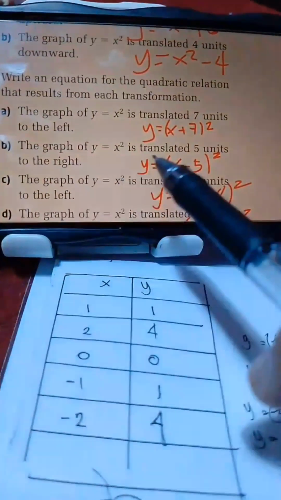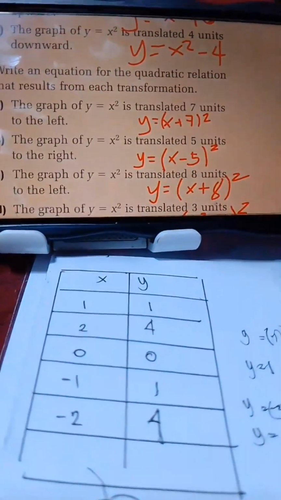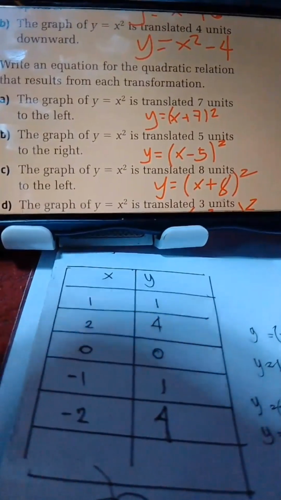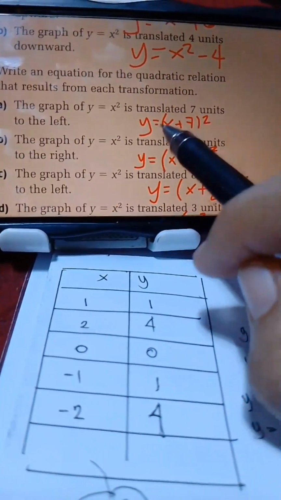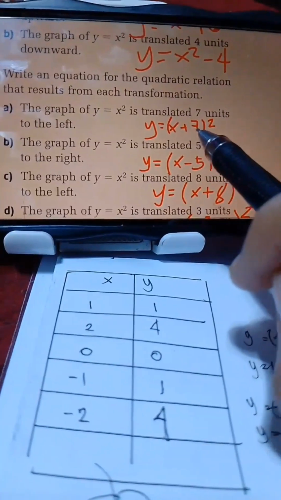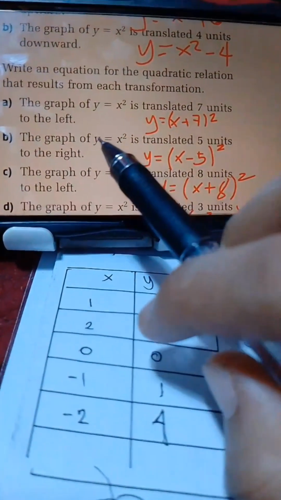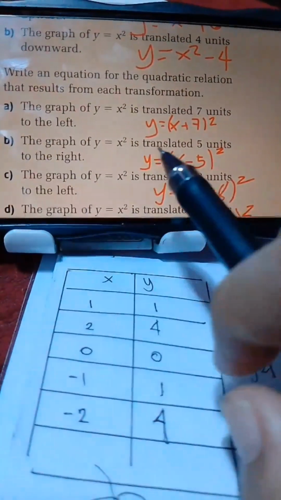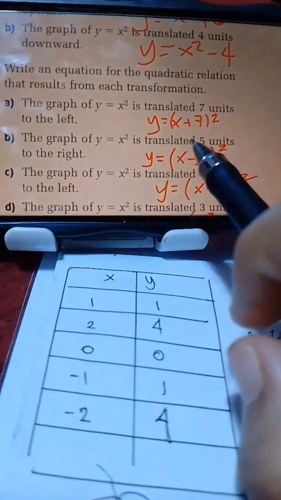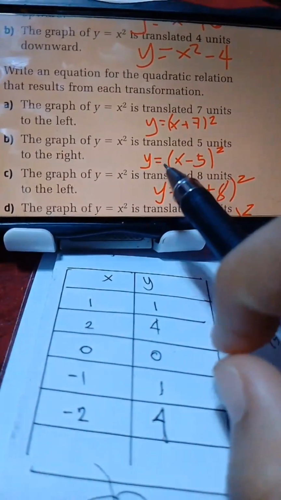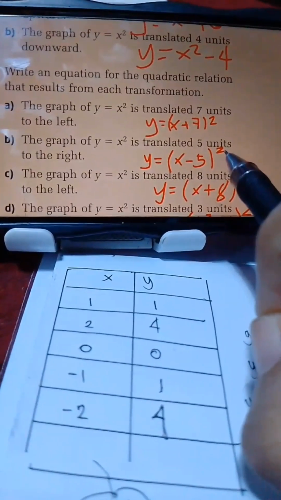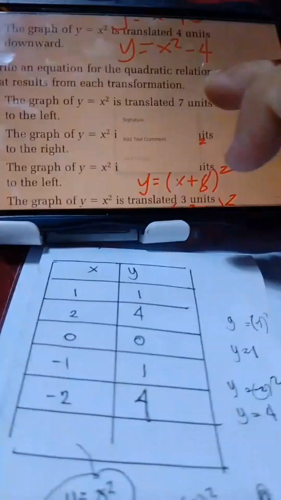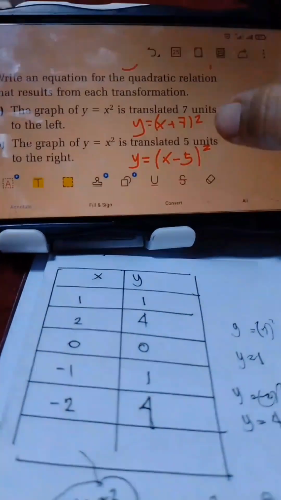To the left it's negative, but the opposite sign applies, so y equals x plus 7 squared. And since in letter B it's going to the right 5 units, we have y equals x minus 5 squared, and so on.